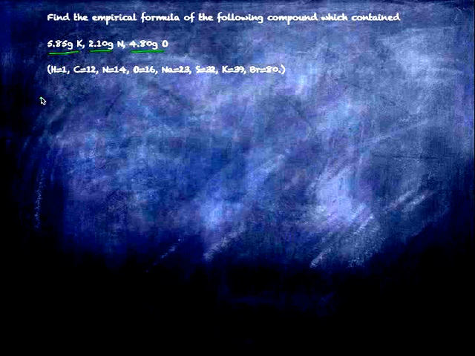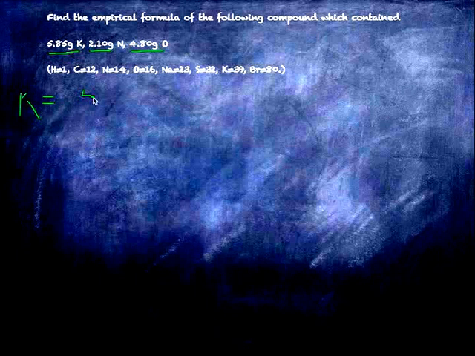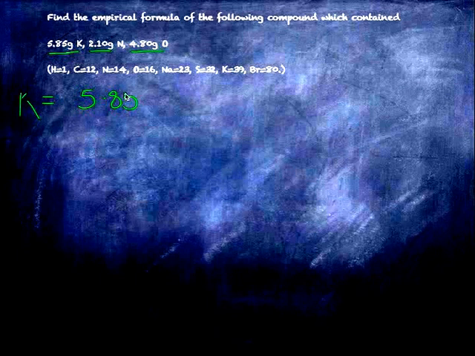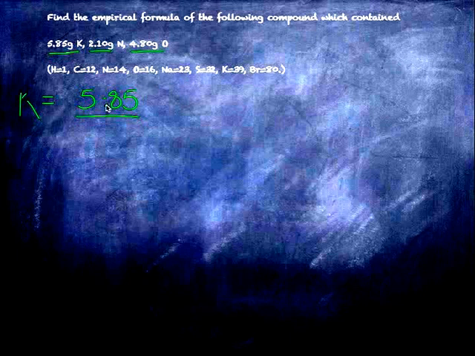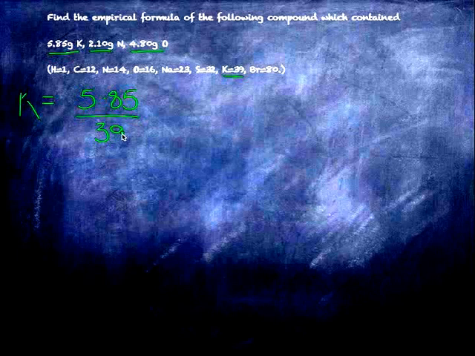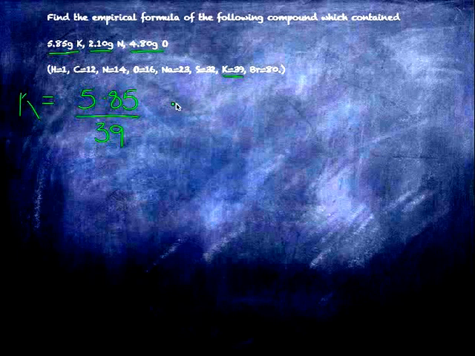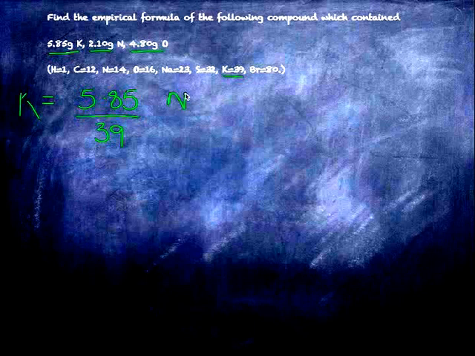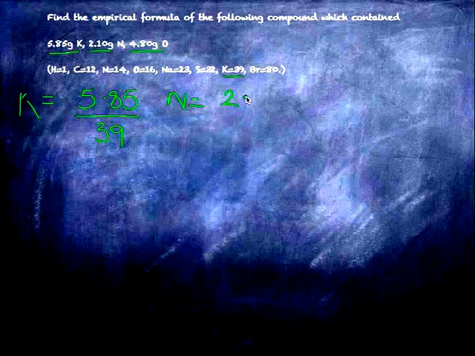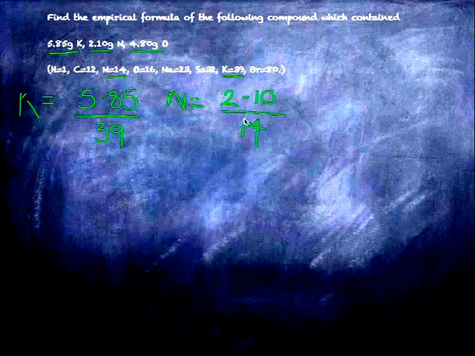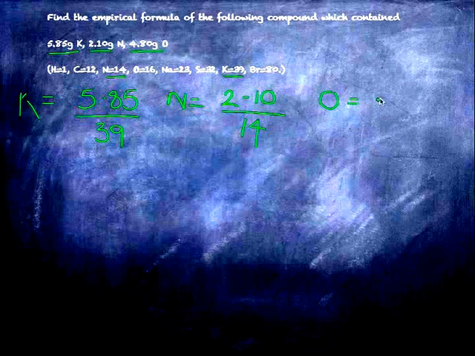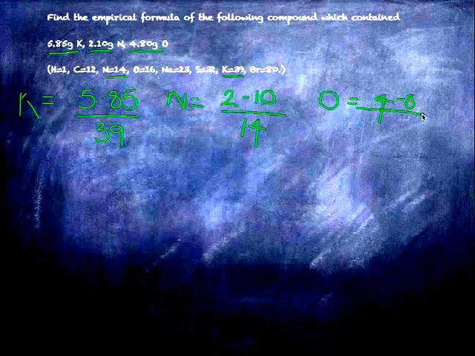So we know how much potassium we've got, 5.85 grams. We need to know how many moles of potassium that is. We can divide the mass by the atomic mass, 39 in potassium's case. We do the same for nitrogen, 2.10 divided by 14. And finally oxygen, we have 4.8 divided by 16.